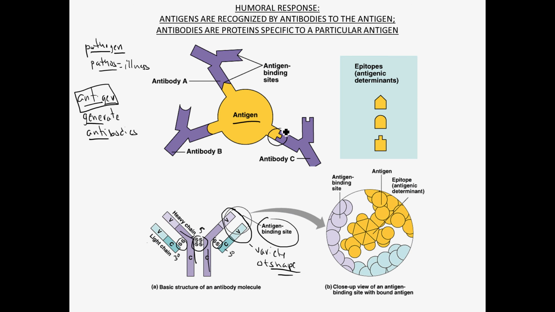So this shape is different there, this shape is different right here, this shape is different right there, right? But all of them have this characteristic Y shape where they have a heavy chain and a light chain. Okay, so there's a little bit about the structure of antibodies.